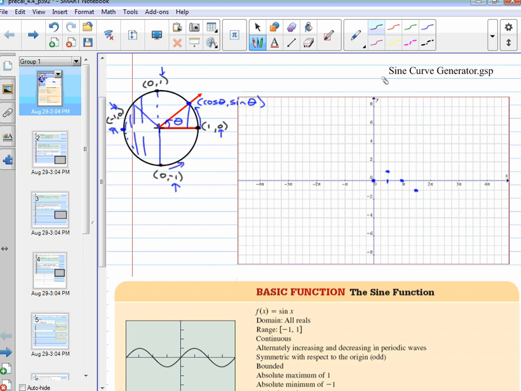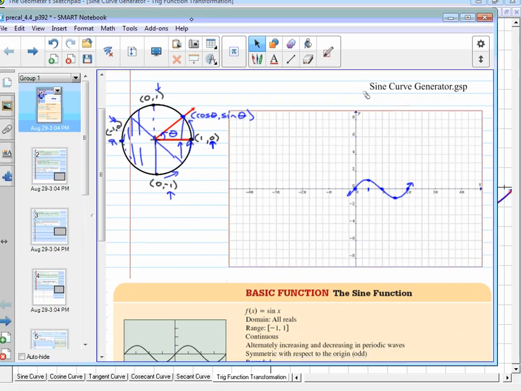And then I keep coming around, and the y value of this angle is getting smaller and smaller until I get back to 0 again at 2 pi. And then it would just keep repeating itself as I go around and around. So if I just connected this with a nice smooth curve, which would match all the points, there is my sine graph. Or we call it a sinusoidal curve.